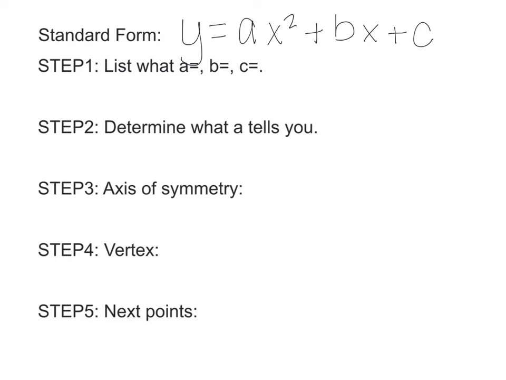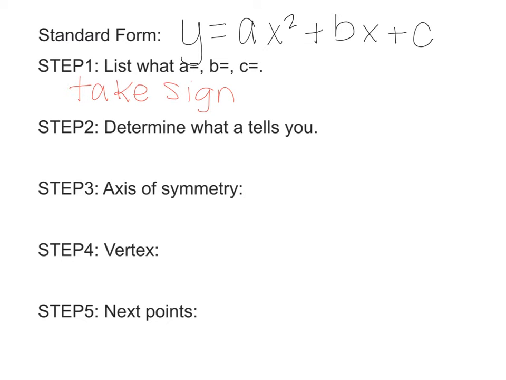So the first step is to actually list what a, b, and c are. I think this is a vital step. Remember that when you list a, b, or c, you need to take the sign that goes with the coefficient.